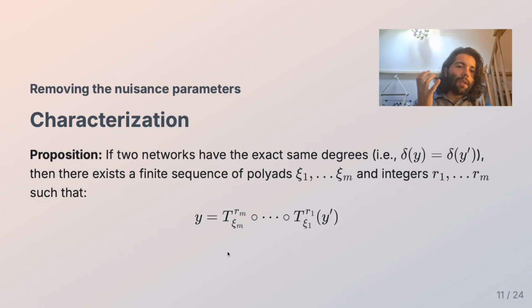So if two networks share the same exact degrees, that is, if I have y and y prime and delta of y is equal to delta of y prime, then there exists a finite sequence of polyads, that is, of pairs of indices, and integers r1 to rm, such that y can be written just composing these transformations. Notice that I can take r to be negative. In this case, I'm just composing the inverse transformation.